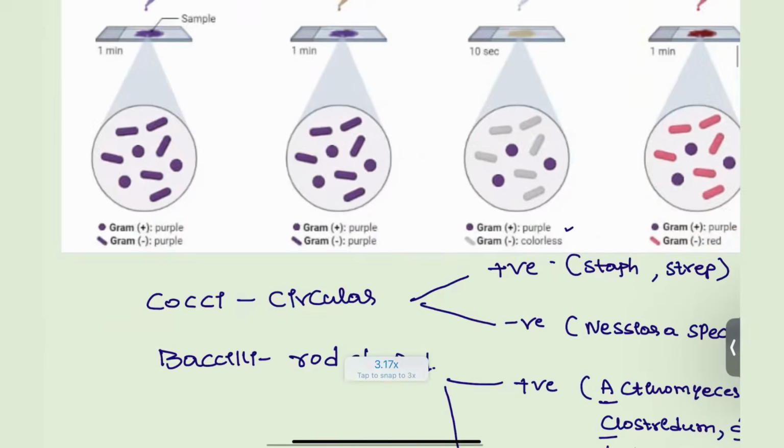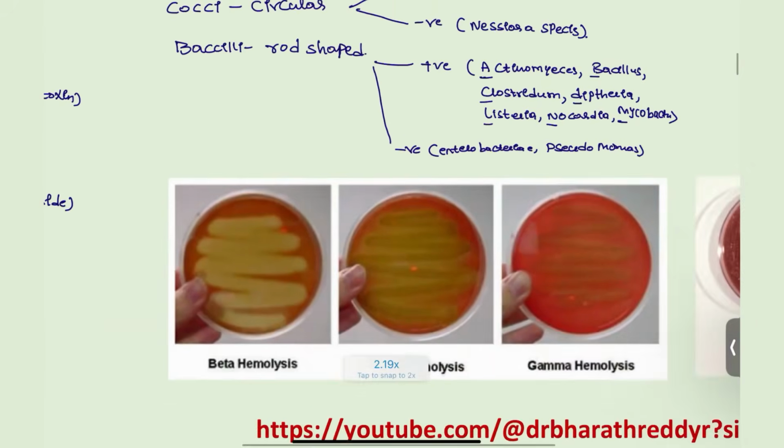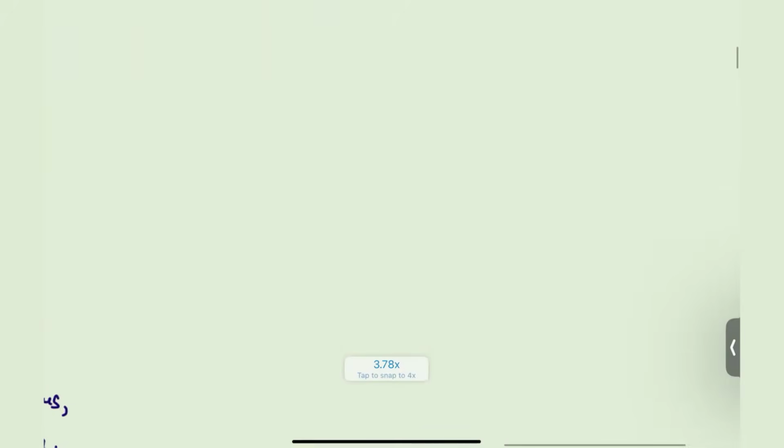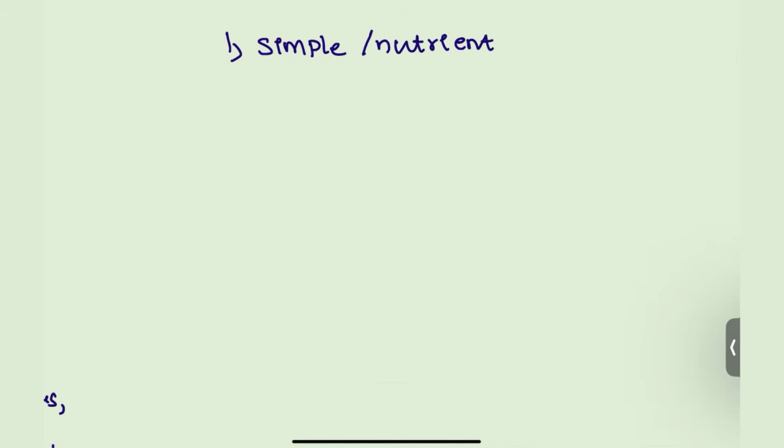Next, moving on to the agars and their types. Cultures, media, everything that we are going to discuss here. The first one is the simple media, which is nothing but a nutrient media, commonly used for E. coli detection. Next, enriched media.